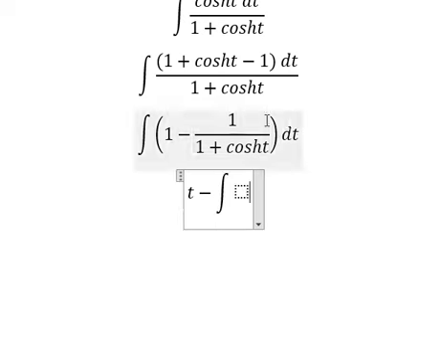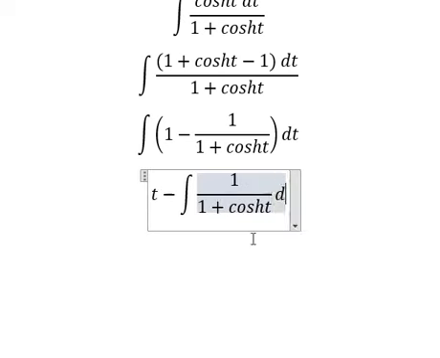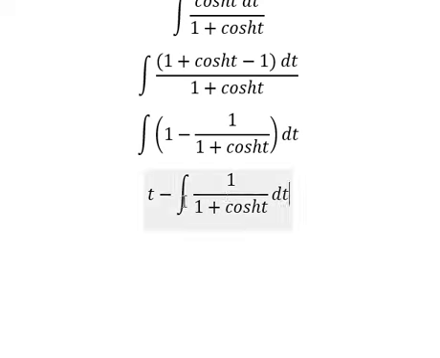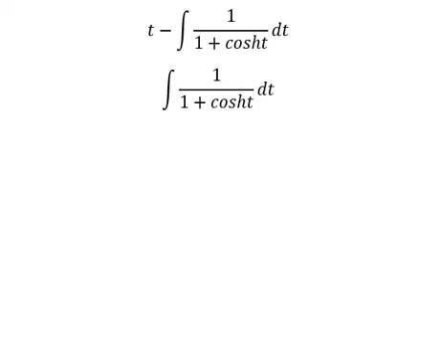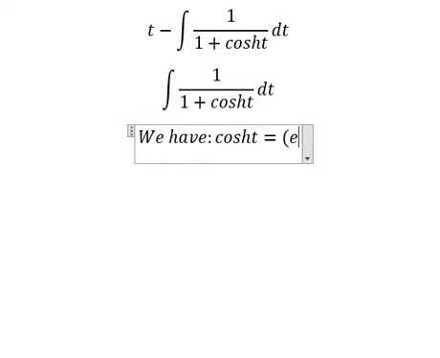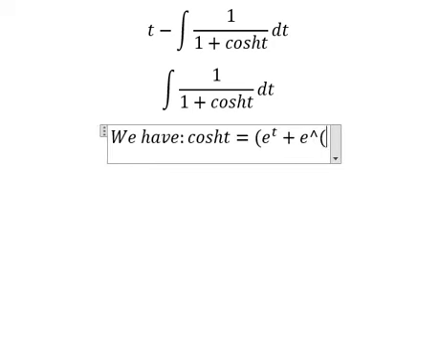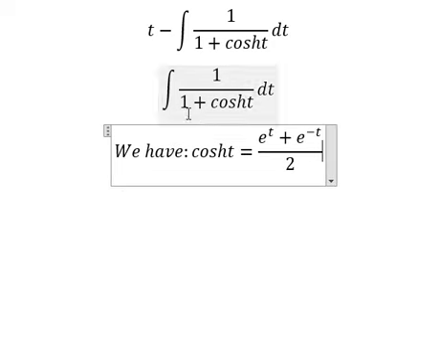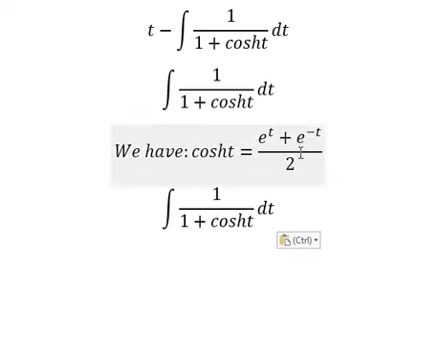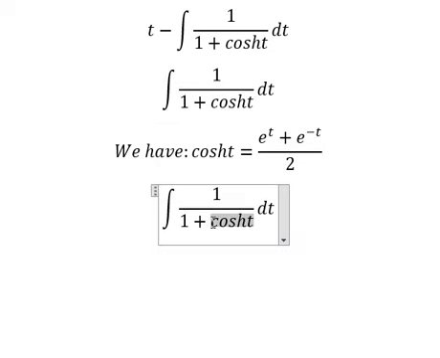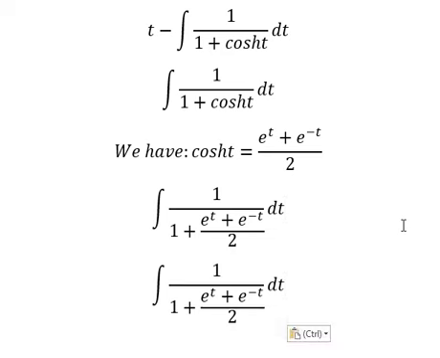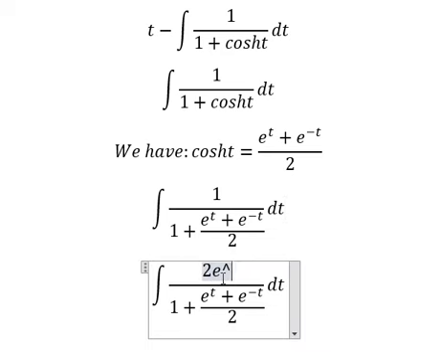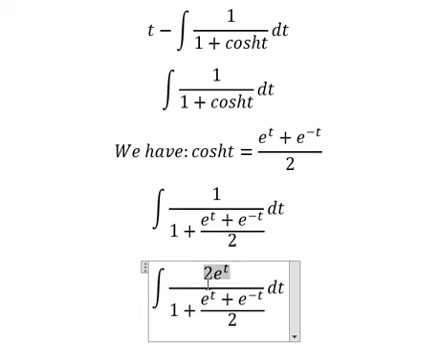So we need to focus on this one. We have the formula in here. So we need to multiply by 2e to the power of t on the numerator and the denominator.